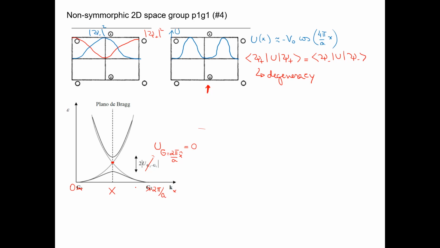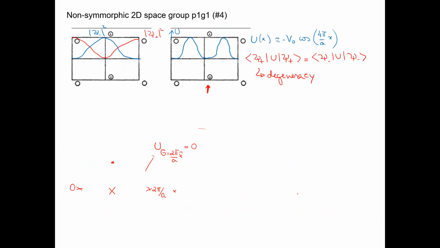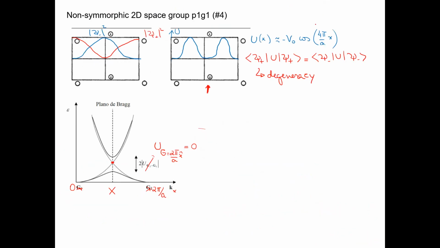And this is precisely what we see here, because you see that in the previous case, there is some Fourier component of the crystal potential oscillating with a 2 pi over a wave vector. But for this nonsymmorphic structure, there is no such Fourier component.